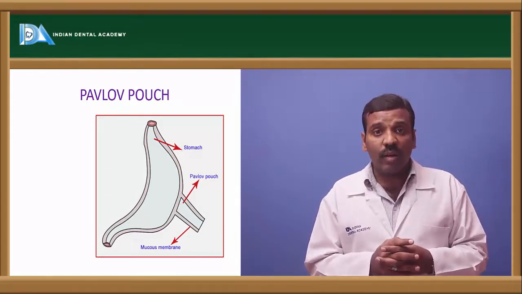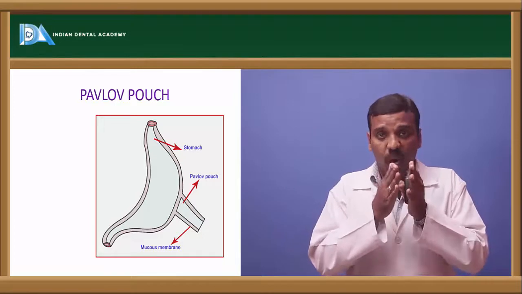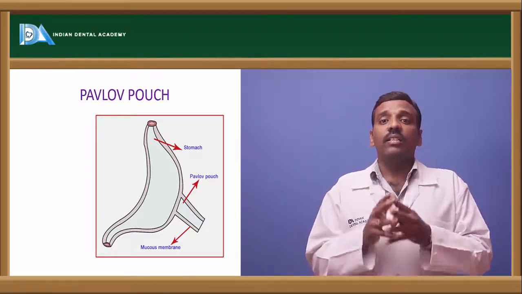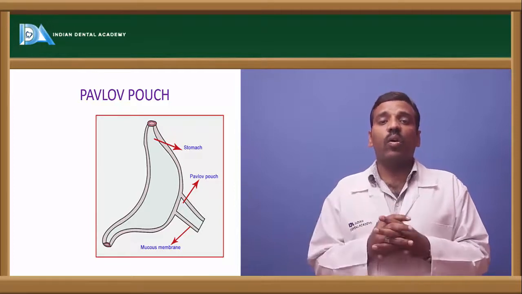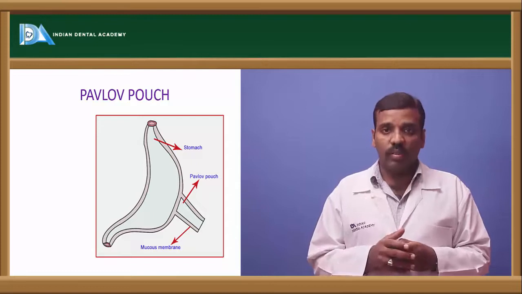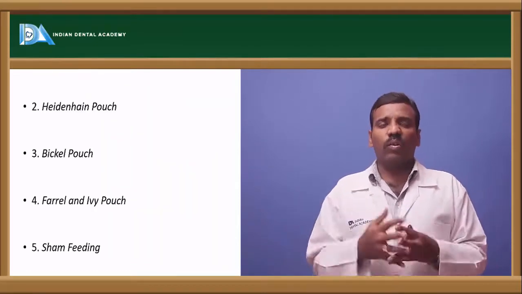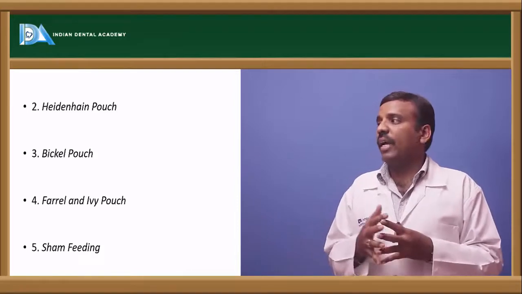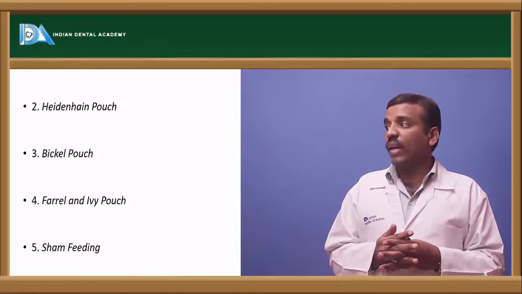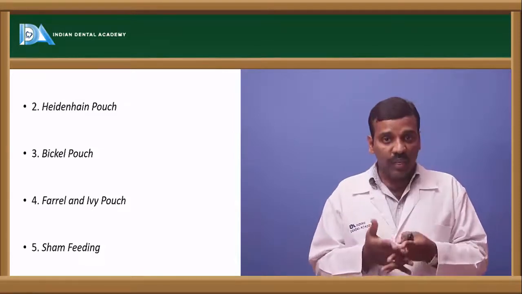At the same time, Pavlov observed the secretions in the stomach, into this Pavlov's pouch. That is the Pavlov's pouch. Next are some modified pouches, like the Heidenhain pouch, the Bickel pouch, and the Thiry pouch, and the Thiry-Vella pouch.